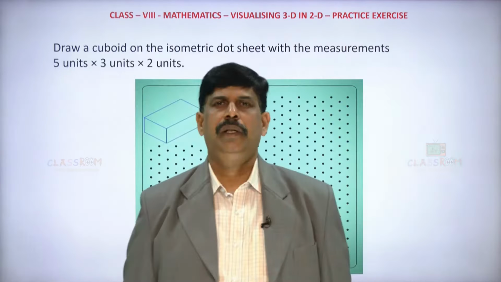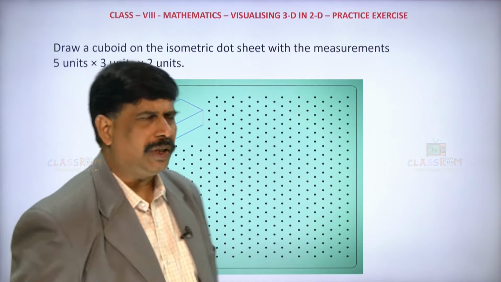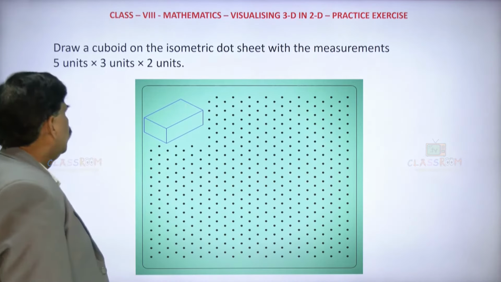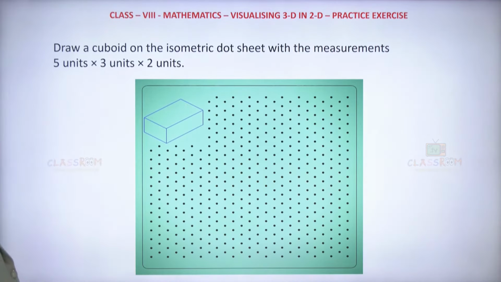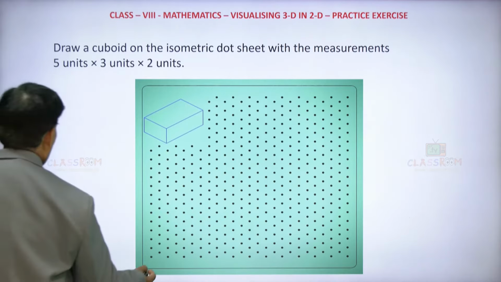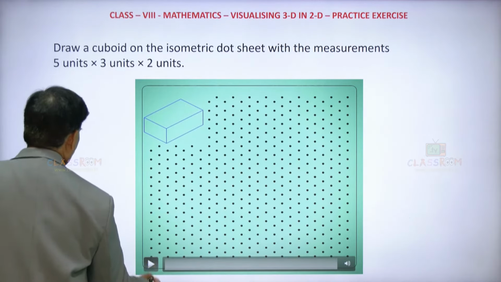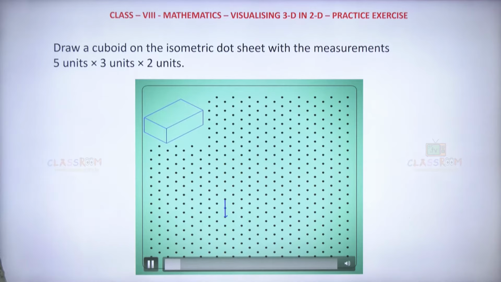Yes. Okay, now let us see the next question here. Draw a cuboid on the isometric dot sheet with the measurements 5 units, 3 units and 2 units. Okay, so we have to draw one cuboid with measurements 5 units, 3 units and 2 units.